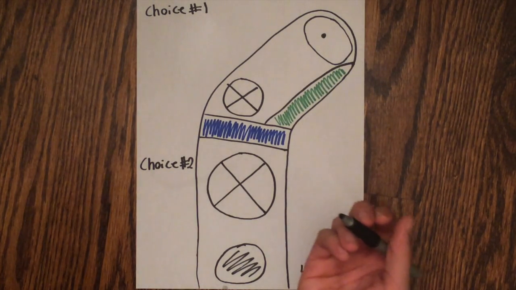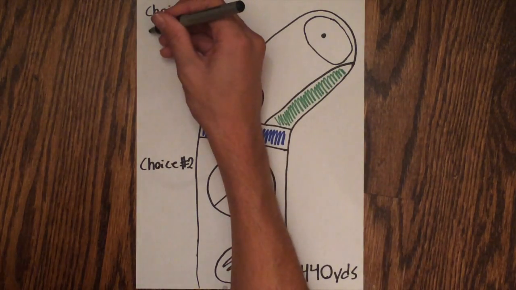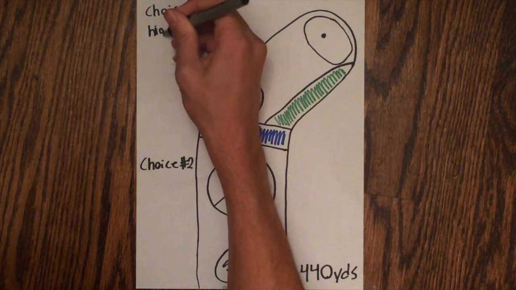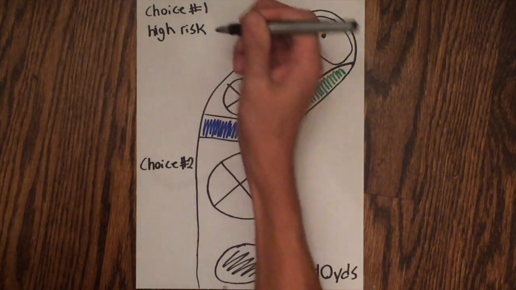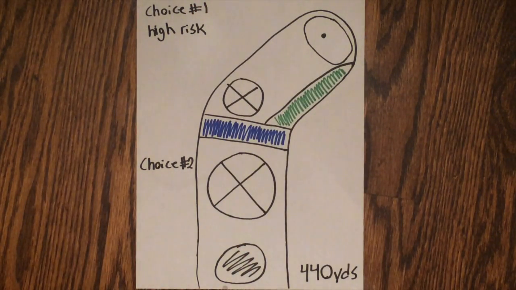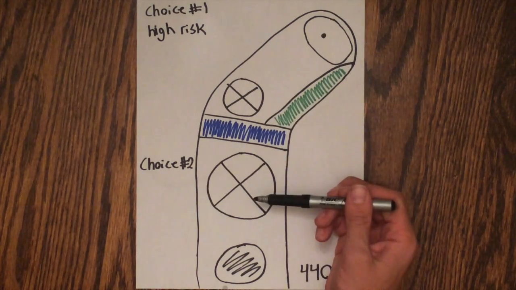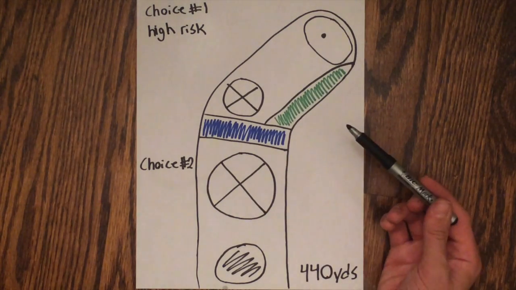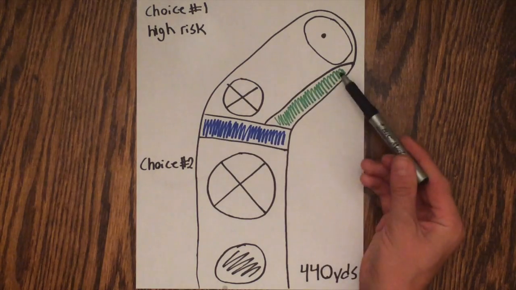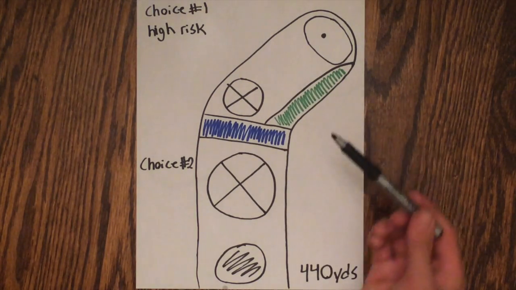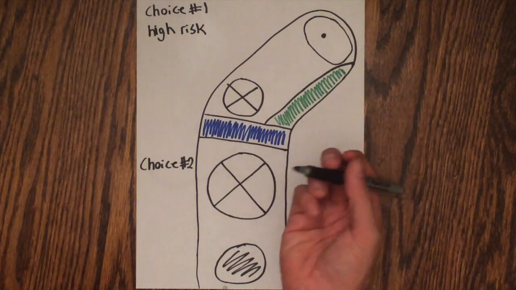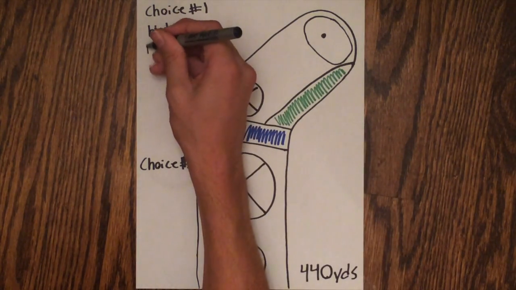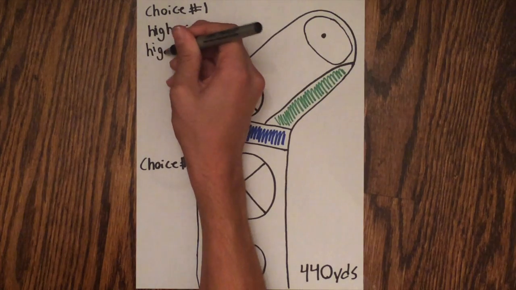Choice number one is considered a high risk choice. It's a high risk choice because it's much smaller than choice number two, and it brings all of this trouble into play. So, unnecessary, but with high risk comes high return.